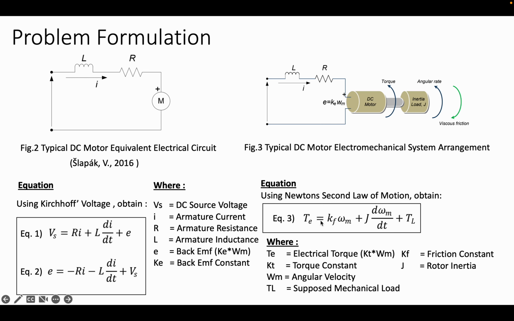Te equals Kf omega m, where omega m is the angular velocity of the DC motor, plus G, the rotor inertia, d omega m over dt, plus TL. TL is the mechanical load. For the assumption, TL equals 0 because we have no load in the DC motor system.